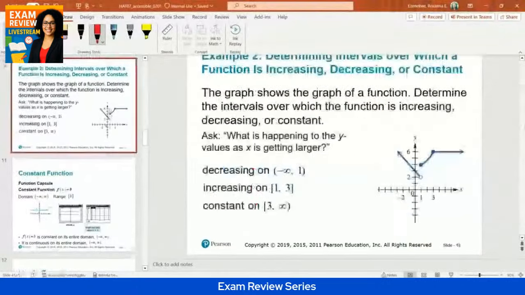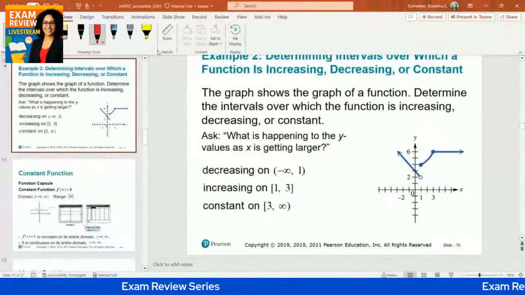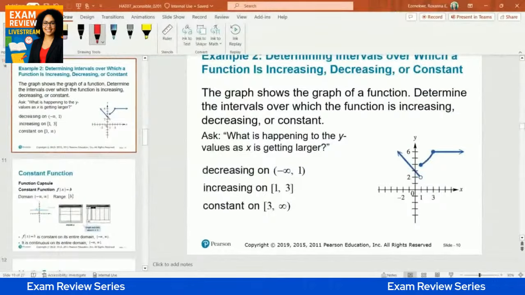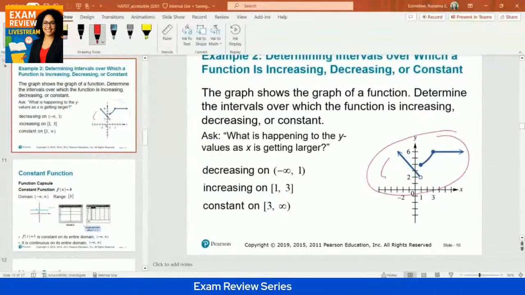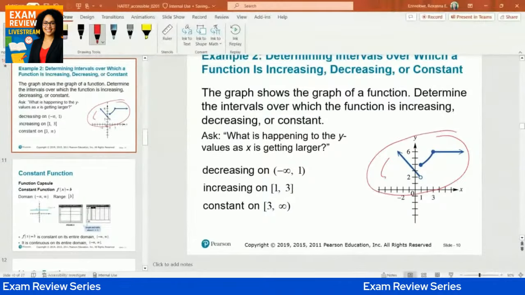That's another example of a function that is discontinuous. This function is discontinuous at 1. That's a break there.